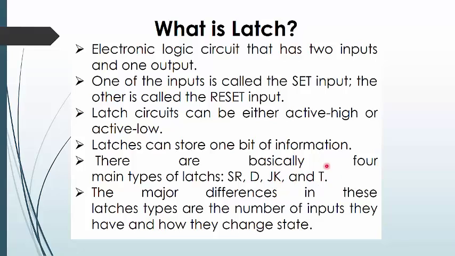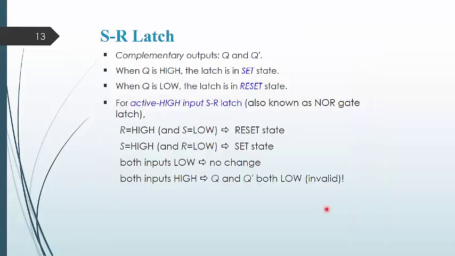And if only one input, named T, is present for the given latch, then it is called a T latch. The major difference among all these latches is the number of inputs they have and how many states they change.